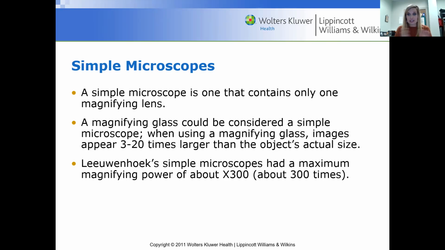Leeuwenhoek's simple microscope had a maximum magnifying power of about times 300, which meant that he could see what he was looking at 300 times its actual size. So again, much better than an actual magnifying glass, and much better than just the unaided human eye. Because of that, he was able to find those organisms under there. He was able to see bacteria and protozoa.